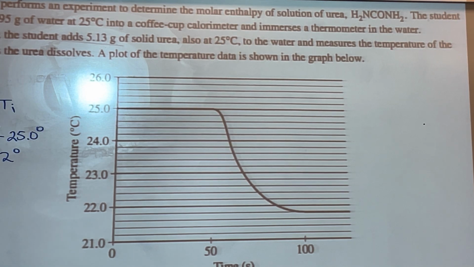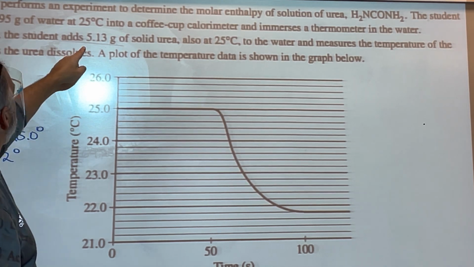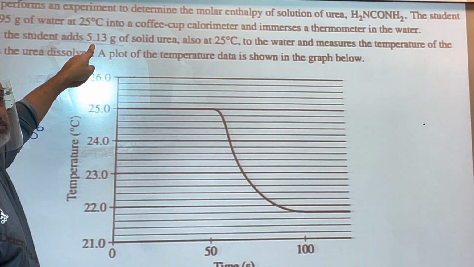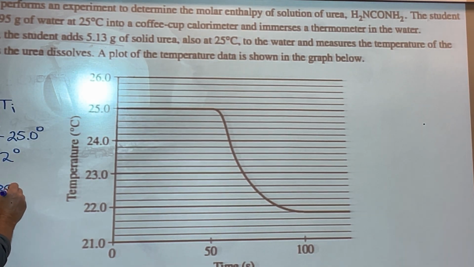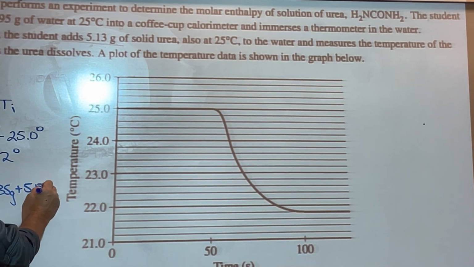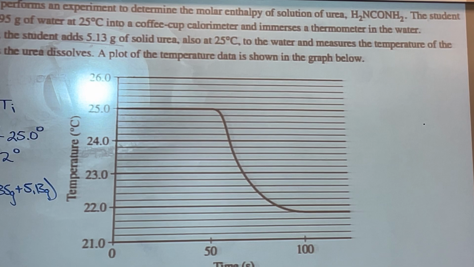The student places 91.95 grams of water in the coffee cup and immerses a thermometer. After 50 seconds, the student adds 5.13 grams. So what's the mass of my solution? It's the combination of both, right? Oh yeah, 97.8.